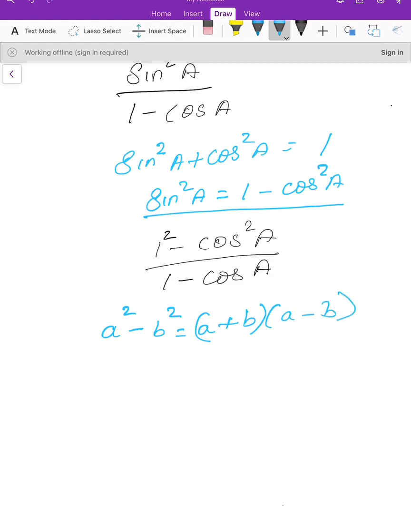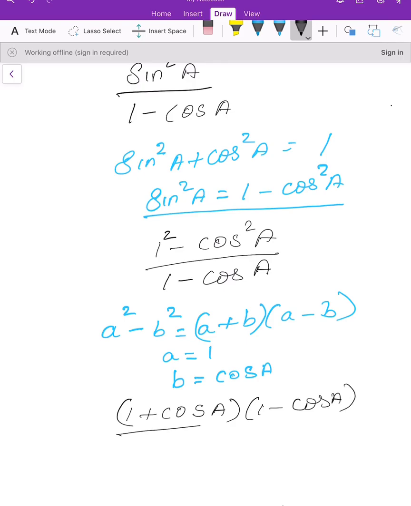My A here is 1 and B is cos A. So 1 square minus cos square A is (1 plus cos A) into (1 minus cos A), by 1 minus cos A. So this gets cancelled, and my answer becomes 1 plus cos A.